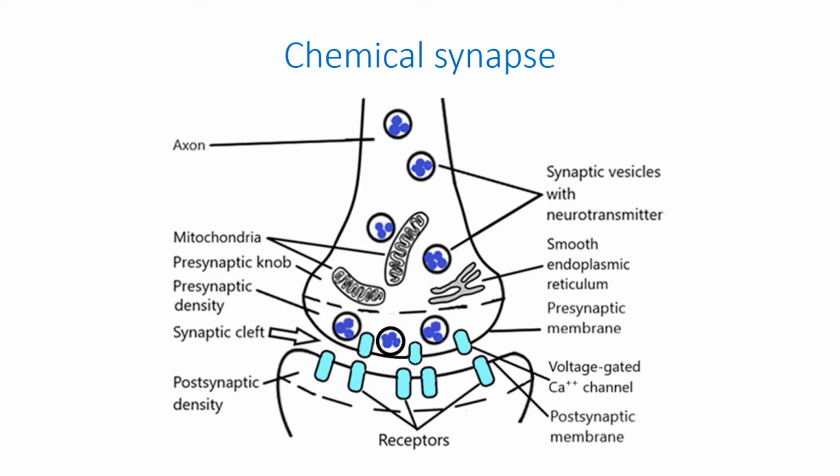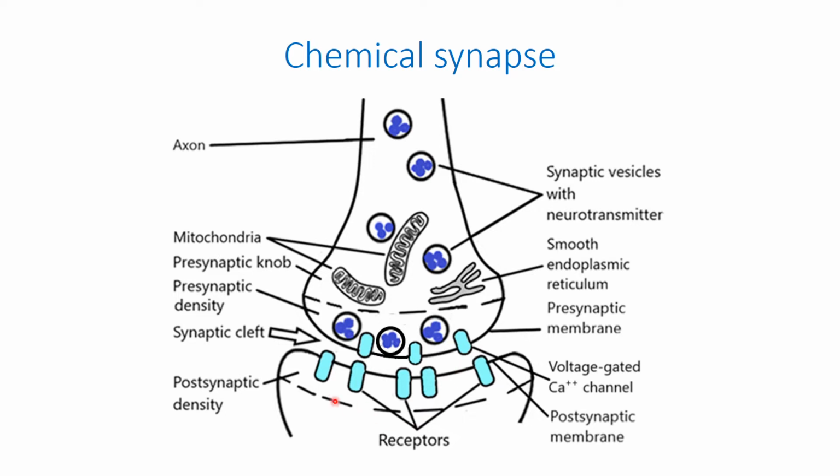The chemical synapse consists of three parts: presynaptic region, or presynaptic knob, or synaptic bouton. It is the expanded end of the axon. Synaptic cleft is the 20 to 30 nanometers gap between the presynaptic and postsynaptic membranes.